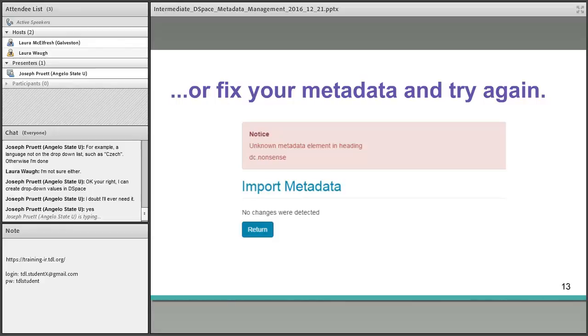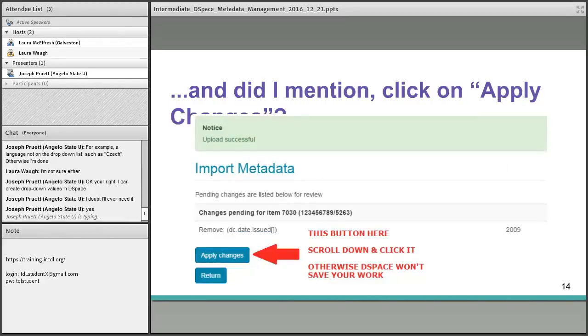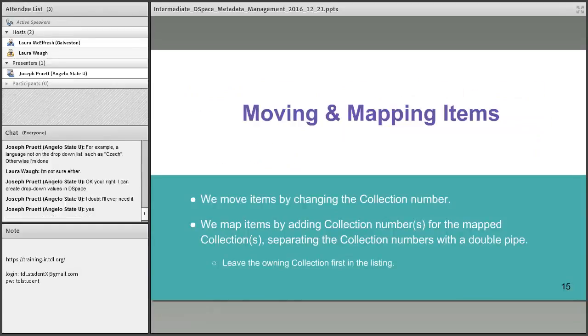At least it isn't yet. So DSpace kicked it back to me and said, unknown metadata element, go back and fix this. No changes were detected. And even if you have other changes in there, it'll tell you no changes detected until you go back, fix the thing that you got wrong, and try it again. So then you go down, click on Apply Changes, and you're all set.